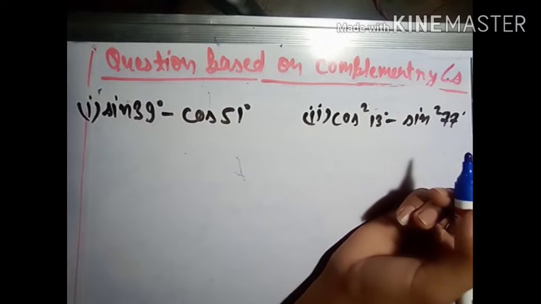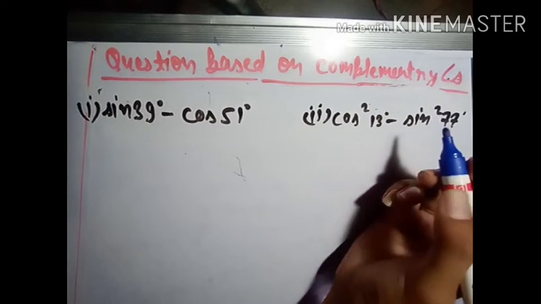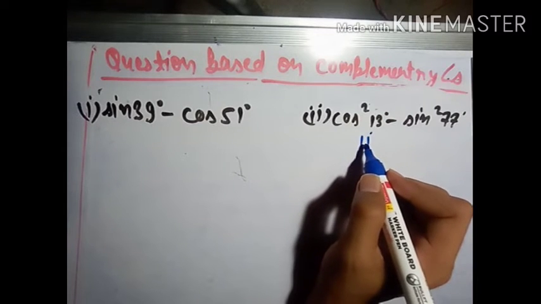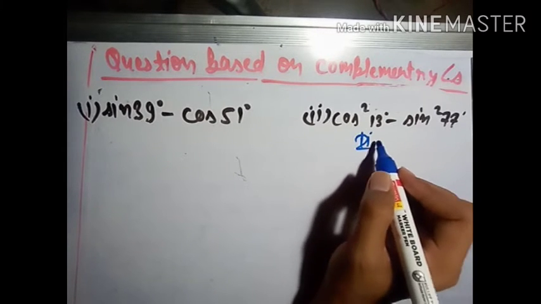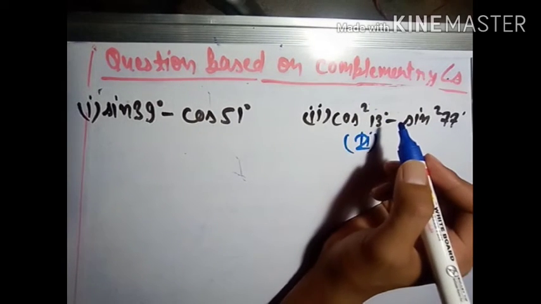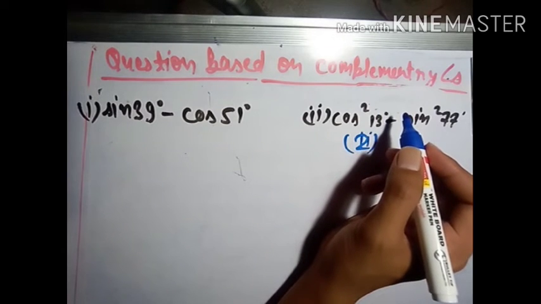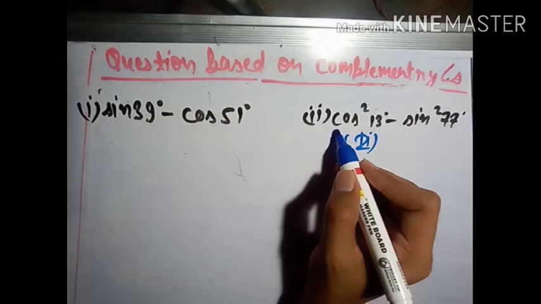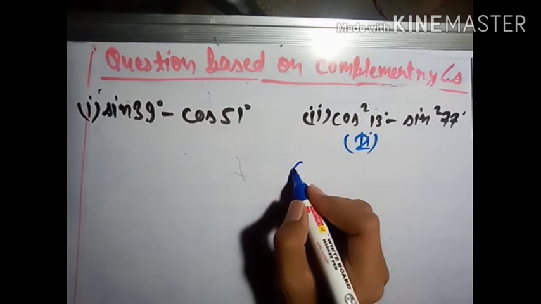You can have 2 methods. How many? 2 methods for solving this question. So let us proceed. First method. Now do not see this square sign. Ignore this for a while. It is in the question, but ignore this for a while and find the pair of cos 13. So you know about it.